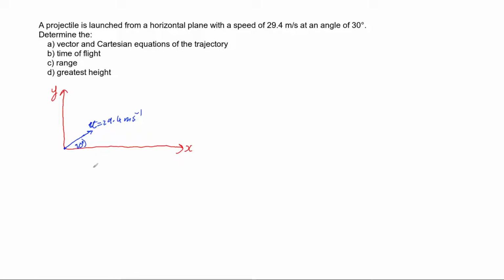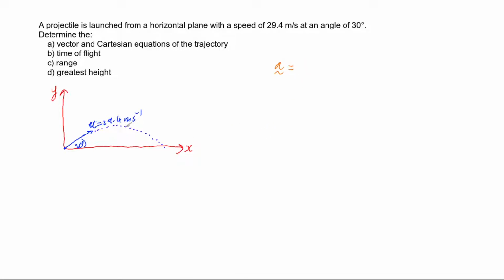And of course, we know when we throw a stone or a projectile of any form, it basically follows a path like that. So we want to use this information to get the rest of the problem that we need. Now, all of these problems come down to the fact that we have to start with acceleration. So I need to start off with knowing what is the acceleration of my projectile.